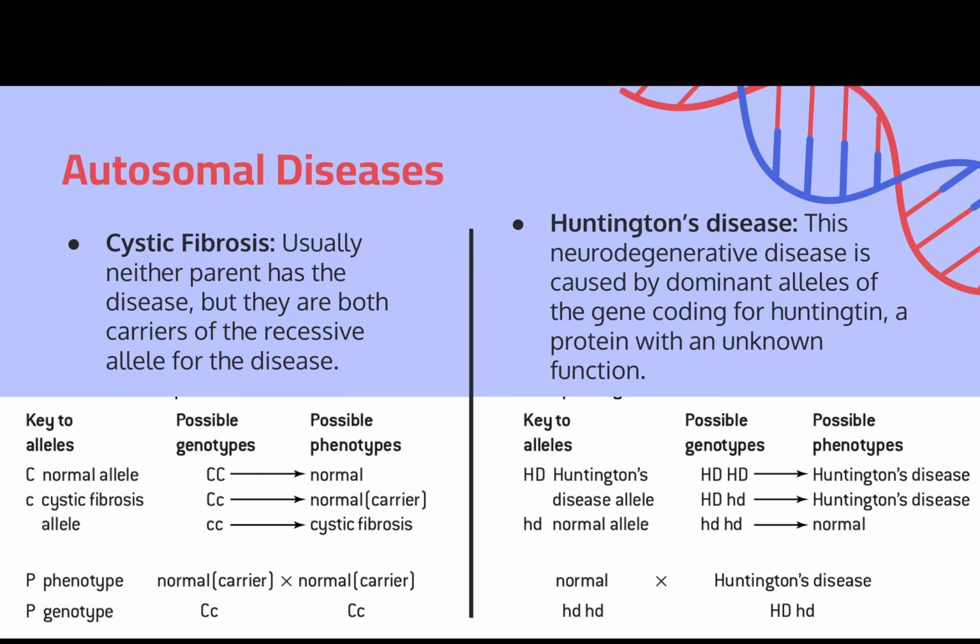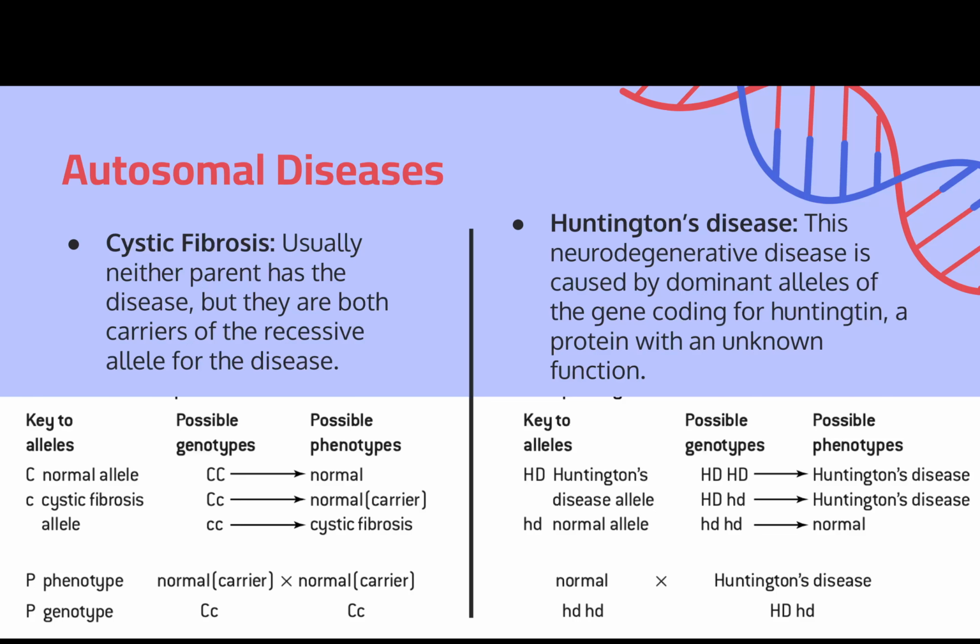So the normal allele is the dominant C, capital C, and the cystic fibrosis allele is a small c. Usually what happens is that when a child is born with cystic fibrosis, both the parents are carriers. There's a 1 in 4 chance that they will pass down cystic fibrosis to their children.